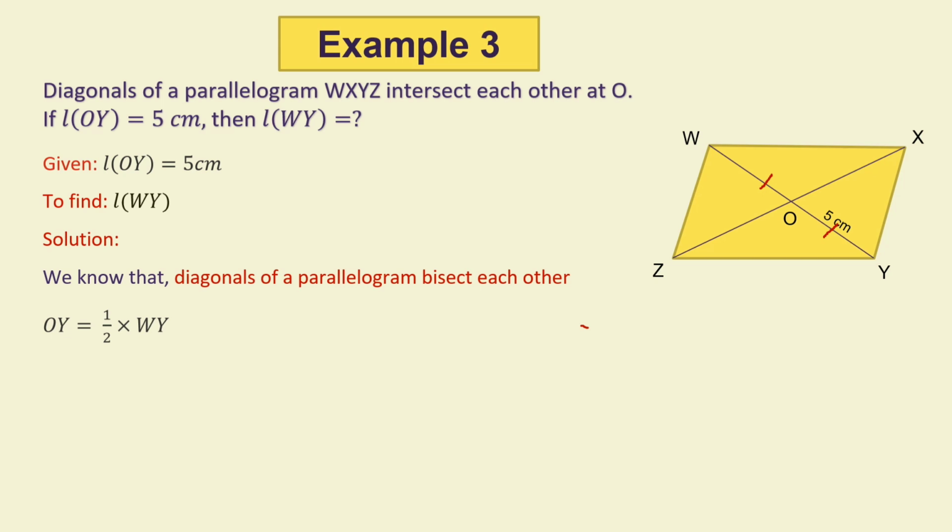So OY is equal to half of WY. Substituting OY as 5, 5 is equal to half of WY, we get WY as 10 centimeters. So the value of WY is 10 centimeters. Clear? Okay.